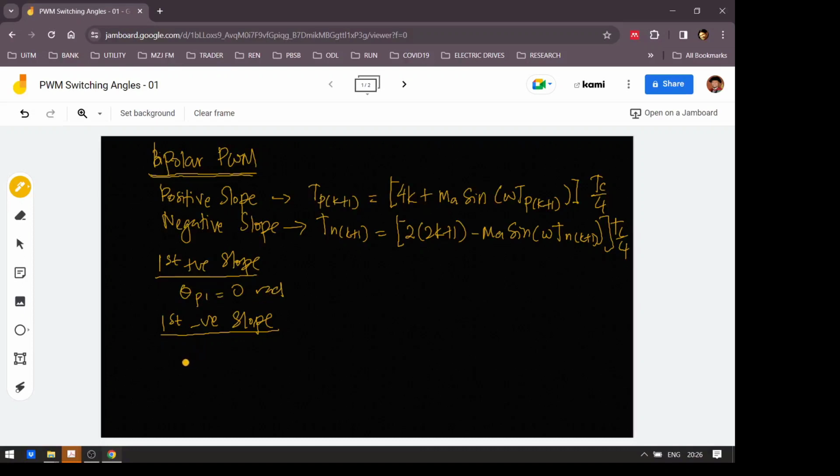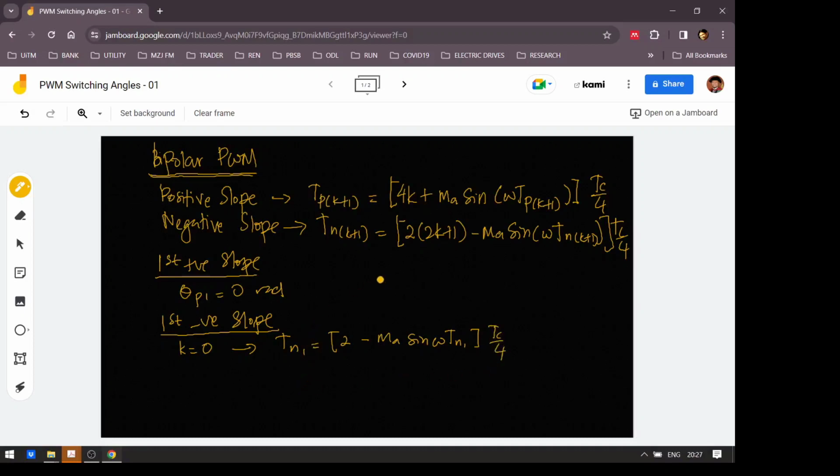So now we're going to continue with the first negative slope, and therefore k should be equal to 0, and therefore you could obtain t n1, and you have 2 k equals 0, then that will be 2 minus ma sine omega t n1, and you have Tc over 4, right?